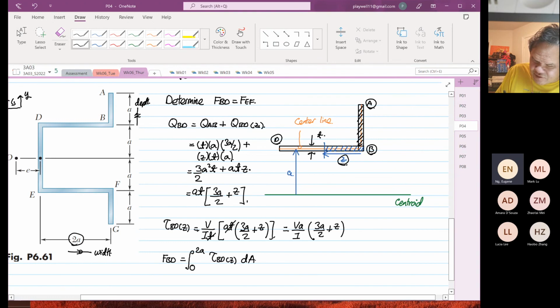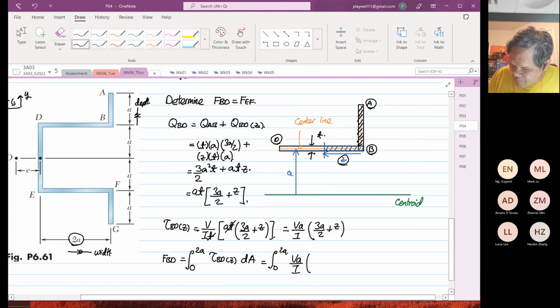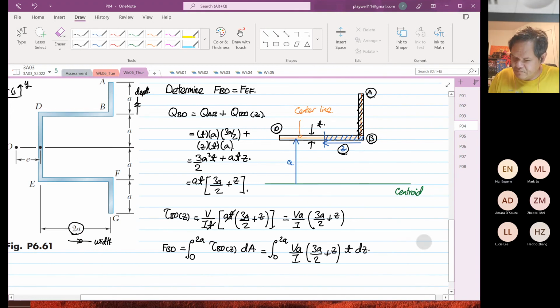Because the distance is 2A. Zero is on the right hand side at point B, and 2A is up to D. So it's the integral of VA over I times (3A/2 plus Z), the thickness is constant, dz, our variable.